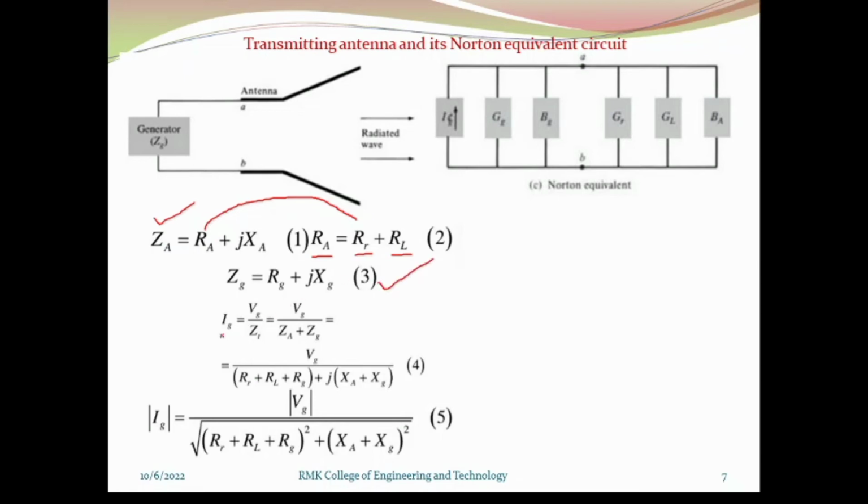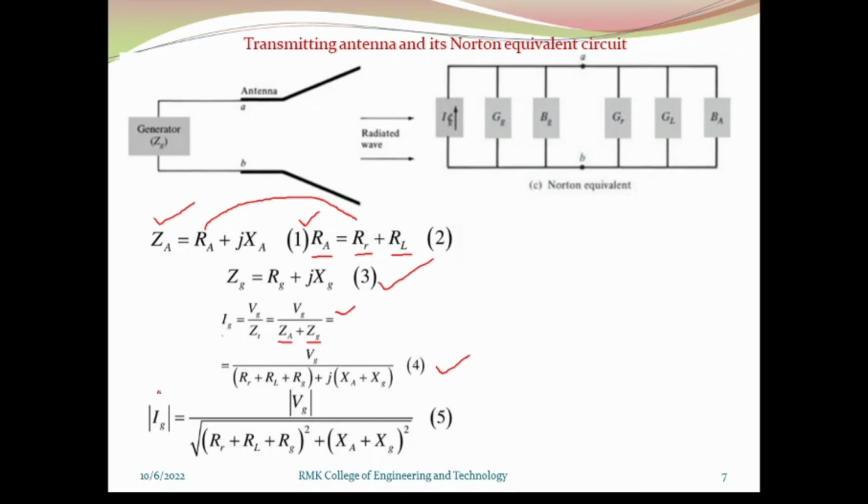So what is the current? That is equal to Vg by Z, the total impedance of the entire terminal, which is the antenna impedance plus the generator impedance, so Vg by (ZA plus Zg). By combining the relations of equations 1, 2 and 3 together, we will get equation number 4.